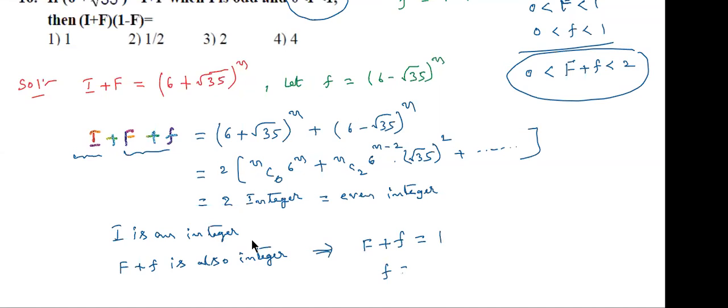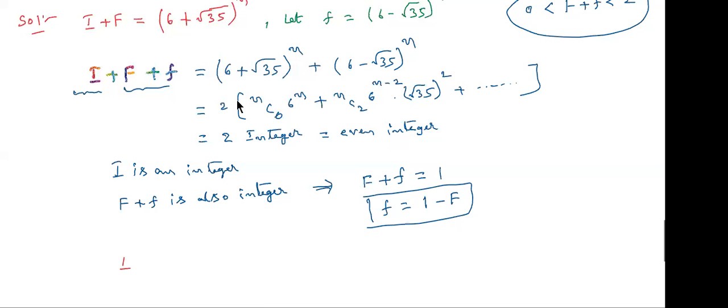Now what is f? 1 minus capital F. This is what we need. Okay. But see the question, what are they asking? I plus capital F into 1 minus capital F. I plus capital F into 1 minus capital F means that is small f. Now write the values.